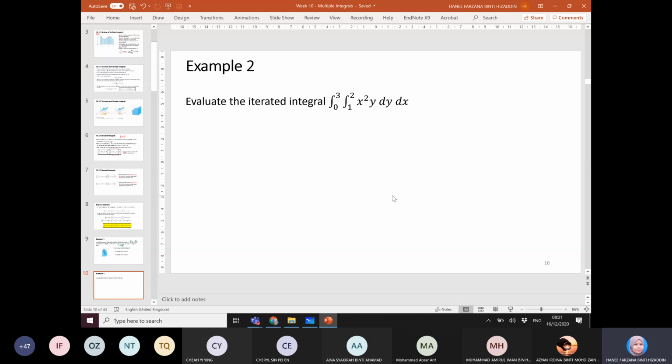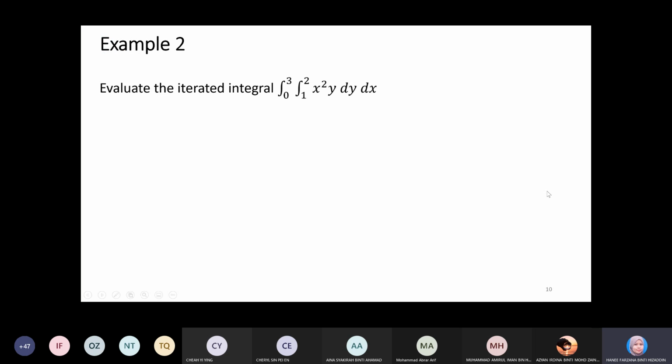So the next example, to evaluate the iterated integral, this function, and the only difference here is just the intervals. I guess you can do this on your own anyway, but let's just do it together. So this will be, let me change the color. Integral from 0 to 3.